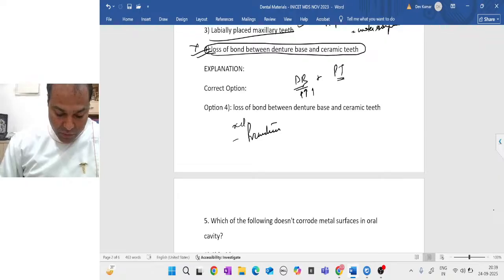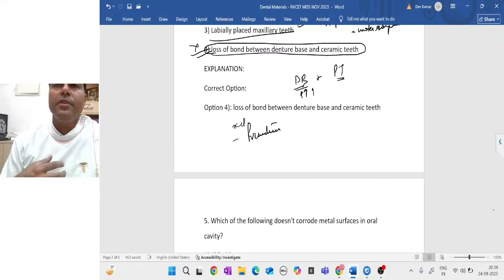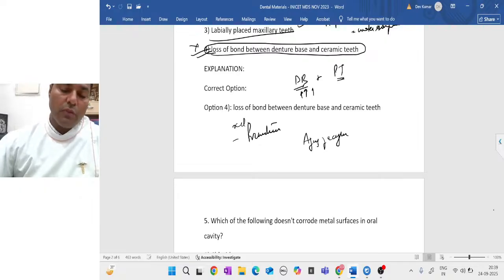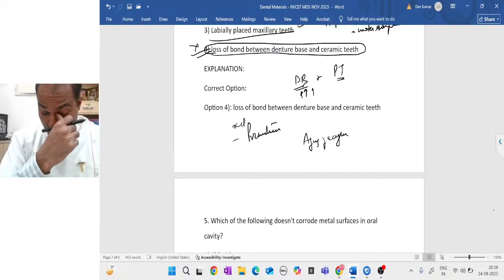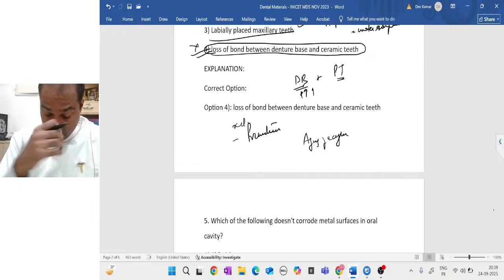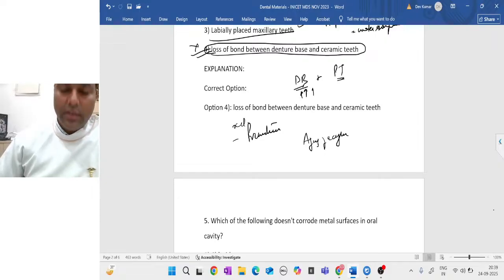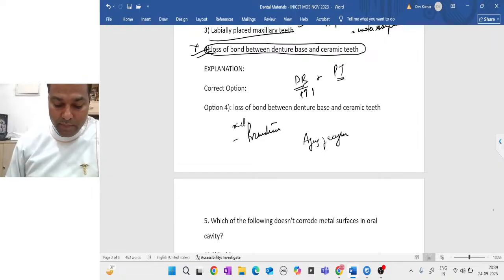Also, as I told, because of water absorption and the aging of acrylic, there might be dimensional changes. And the patient is eating, so because of all this, over the years the bond might get loosened and it might be a problem.